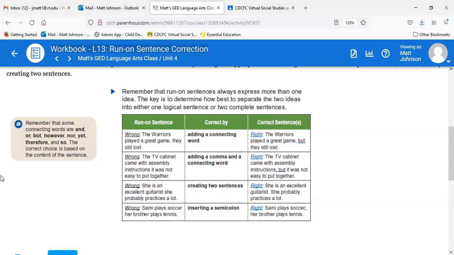And again, using multiple ways to connect sentences also is a way to help you build more confidence in your writing and be a better writer. When you start, like I said, you mix up your sentences, you use long sentences, you use short sentences.